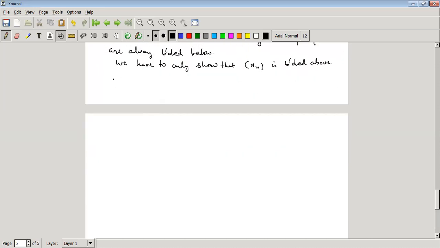We can write x_n is equal to (2n minus 9) upon (3n plus 1), which is equal to 2 by 3 minus (29 by 3) divided by (3n plus 1). How can we write this? We have to divide 2n minus 9 by 3n plus 1.